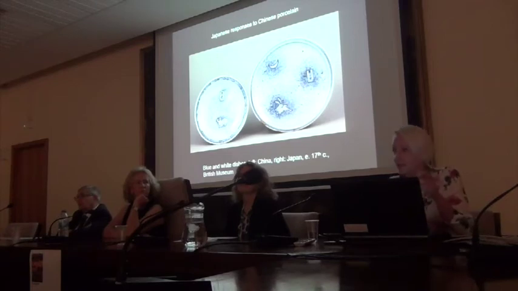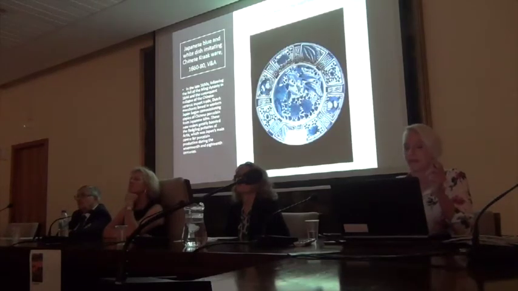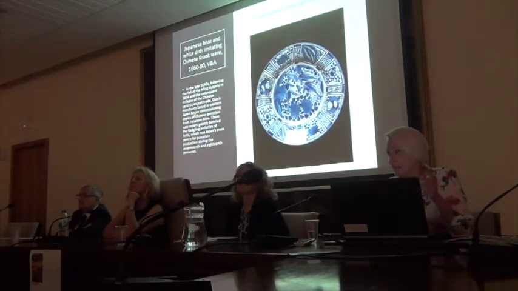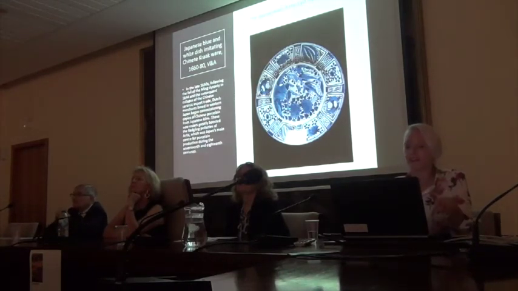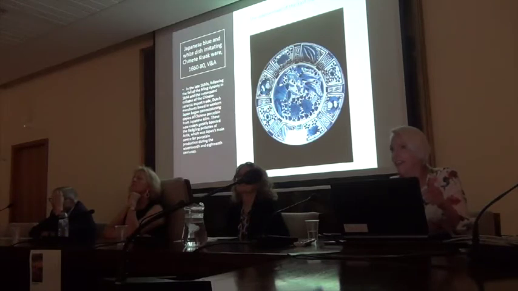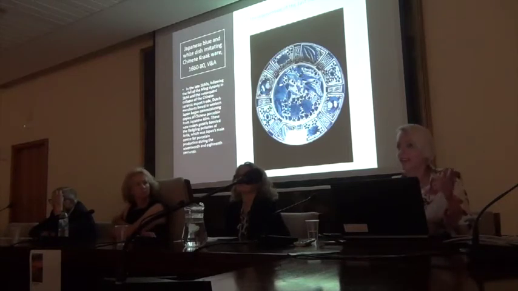And a similar process was taken over by the Dutch East India Company, who, when they were active in Japan, it was a time when the Ming was coming to an end in China, so ceramic production and trade was disrupted. So the Dutch stepped in and had Japanese producers making copies of Chinese ceramics.